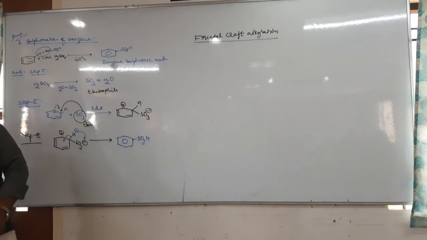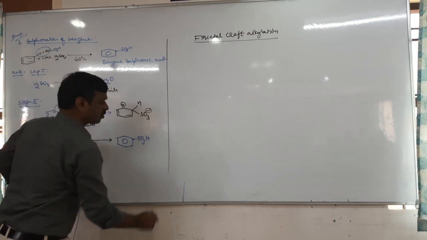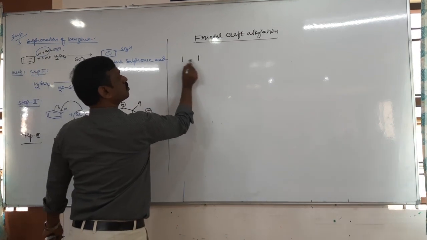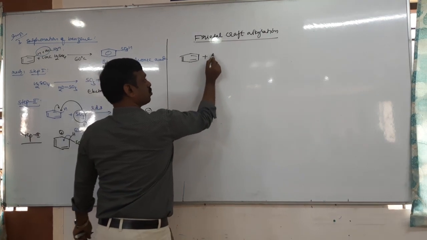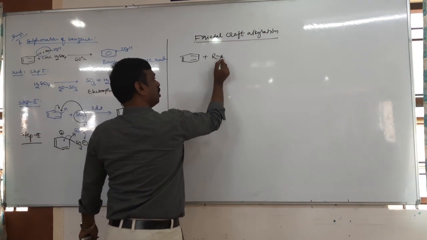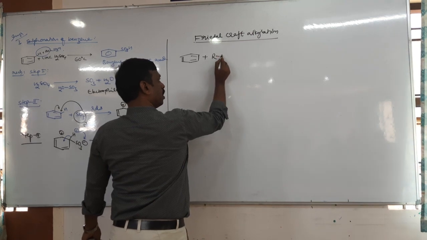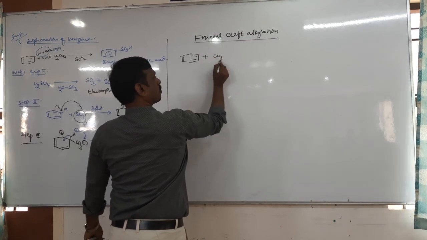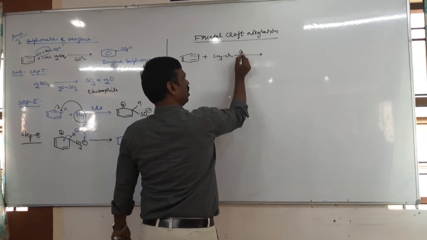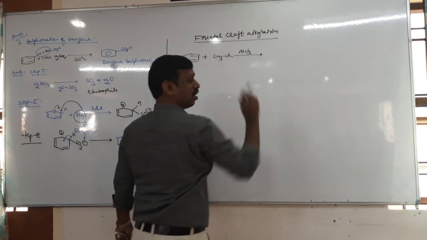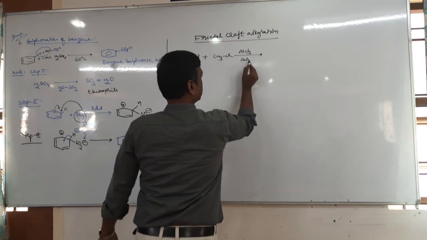Friedel-Crafts alkylation. So what is a Friedel-Crafts alkylation? Benzene reacts with alkyl halide. Let us take methyl chloride. Methyl chloride in presence of any Lewis acid, you can take AlCl3 or FeCl3 etc. Anhydrous AlCl3.